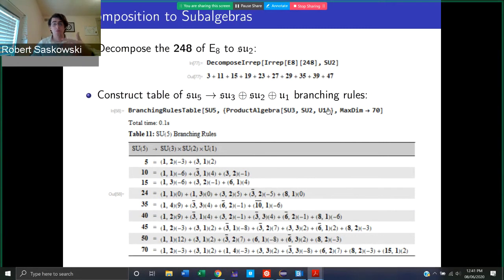And we could also list more things in here, and LieART would give us a table for each thing that we listed. And then here we're specifying the maximum dimension. LieART has no limitations beyond those of your computer for finding irreducible representations. And in general, there's going to be an infinite number of irreducible representations, so you have to tell it when to stop.